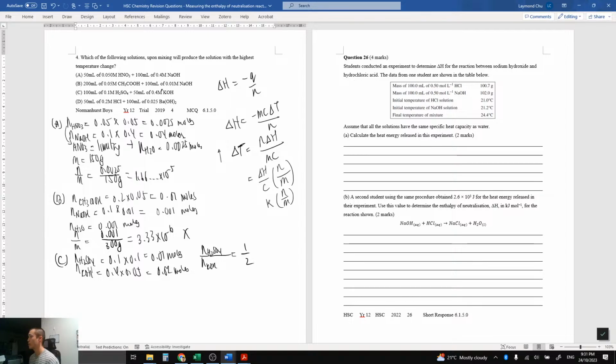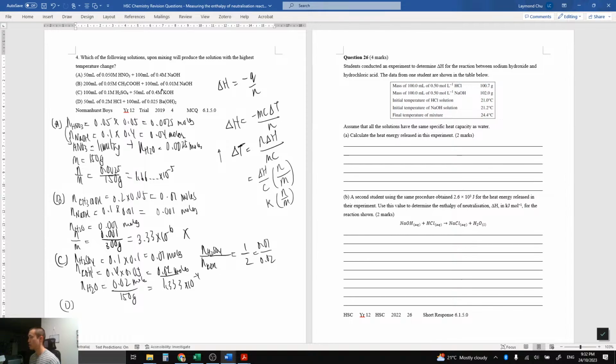Because this is diprotic and that is monoprotic, you can use either one, and for the sake of the coefficients, this should be our moles of water. And then over the mass, 150 grams, which is, oh, I think we have another winner here.